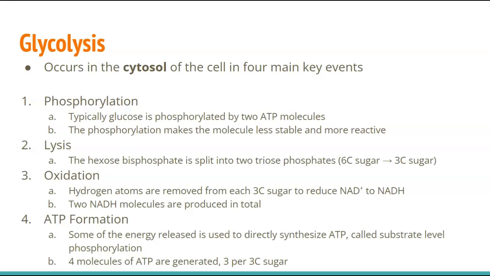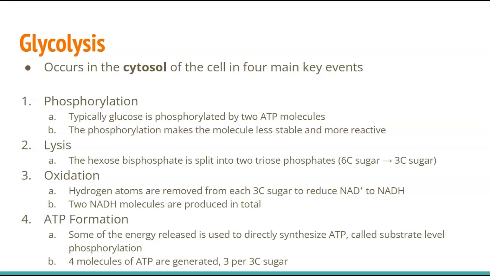So once the phosphorylation happens, the next step is lysis, where glucose is then split because of all that pressure and the reactivity that we had done in step 1. In step 2, it is split into 2 triose phosphates, meaning 3 carbon sugars. So we went from a 6-carbon sugar, glucose, to 2 3-carbon sugars. We just broke it down in half.